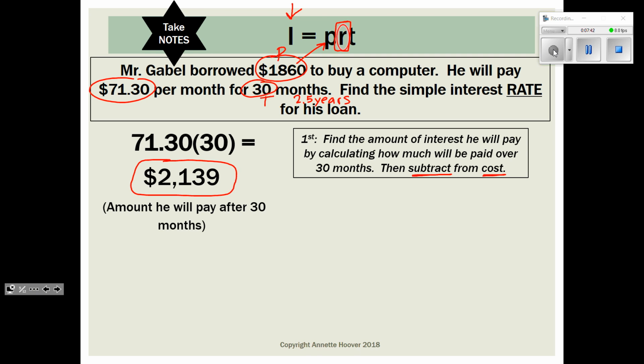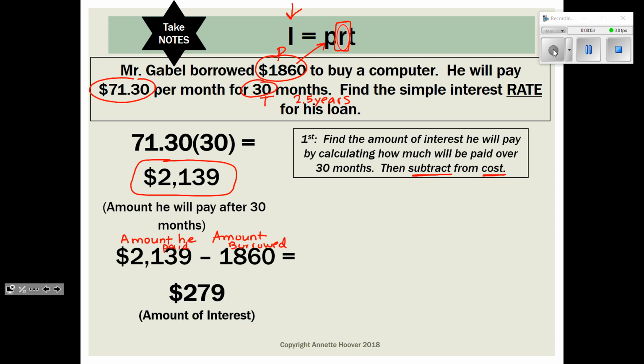This is the amount he paid the bank after 30 months. Here's the amount he borrowed. If you subtract those two, it will tell you how much of that was actually interest. When we subtract that, we found out that he paid $279 of interest.